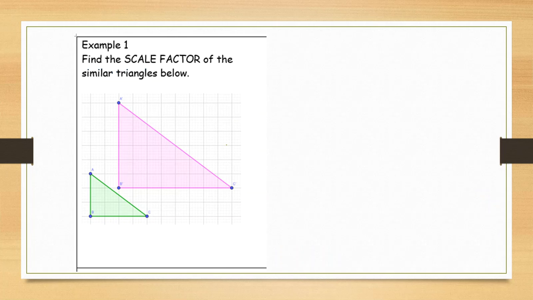So for these triangles here, ABC, this triangle, the green one, we have a length 3 here, we have 4 here, and we can work this out to be 5.